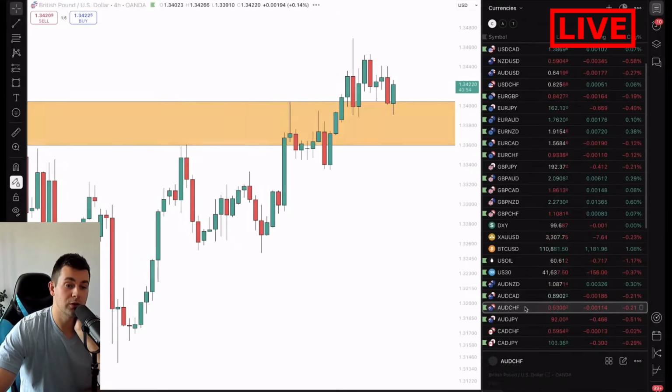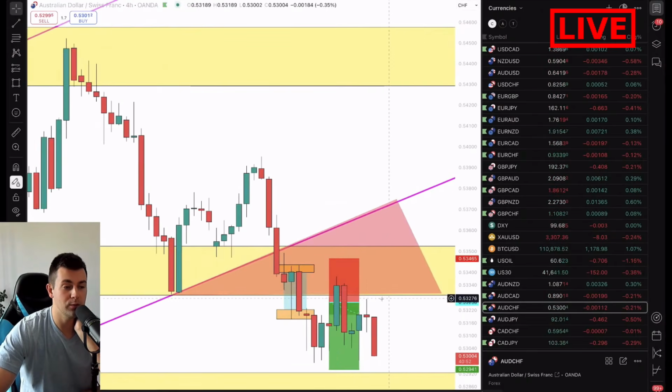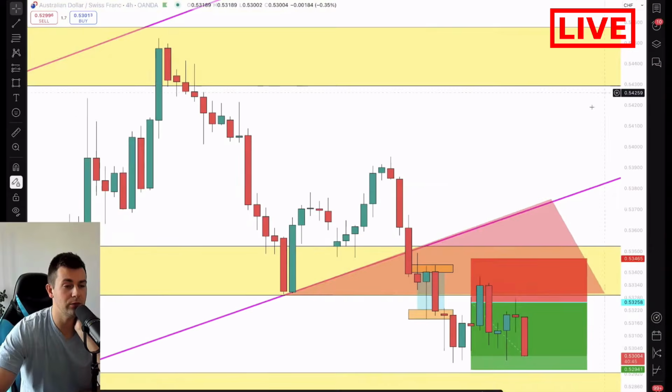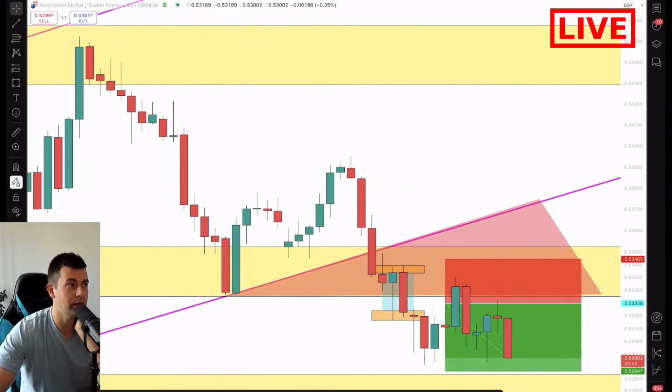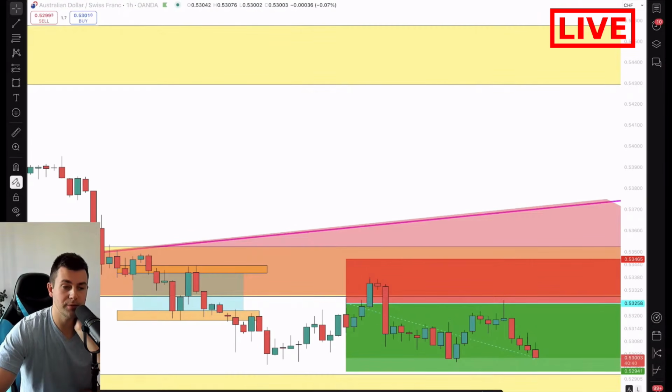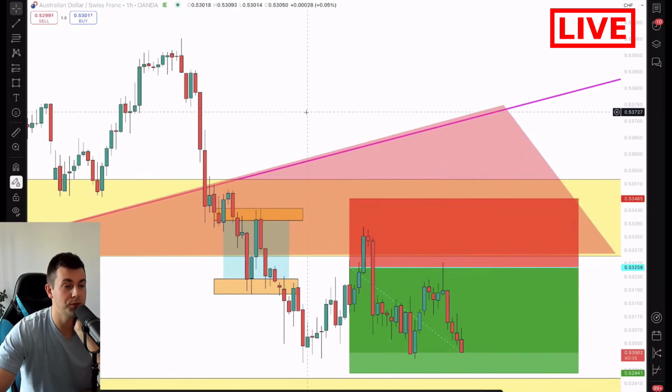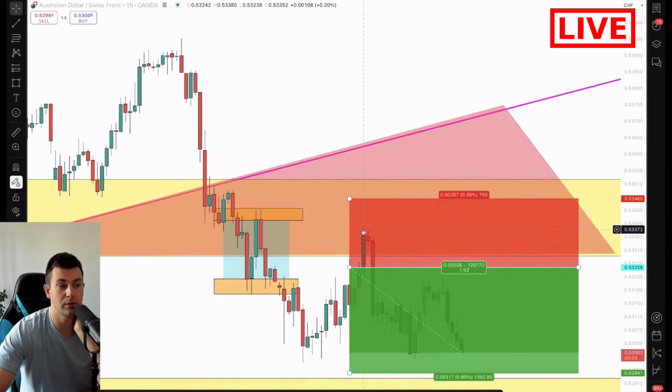Here's what happened when we returned to that trading position the next trading day. We discussed shorting Aussie Swiss pair. This one, the position was in a drawdown. And as you remember yesterday, we spotted quite a significant supply cluster on Aussie Swiss pair that the market started to approach.